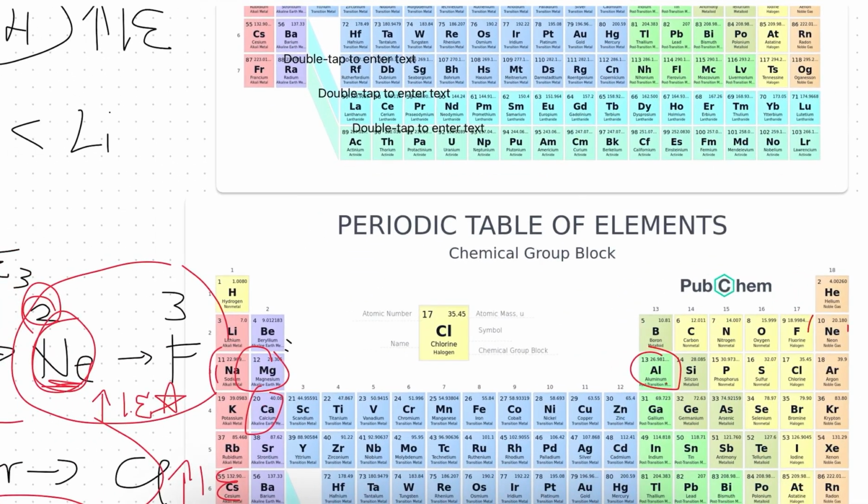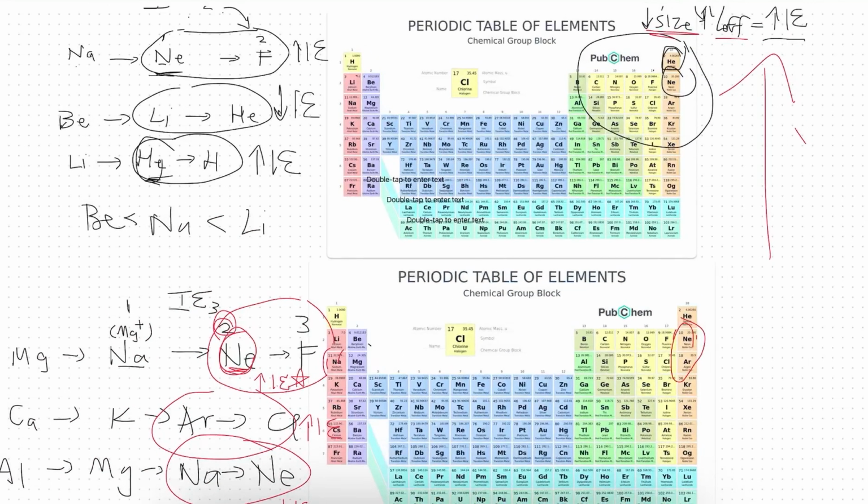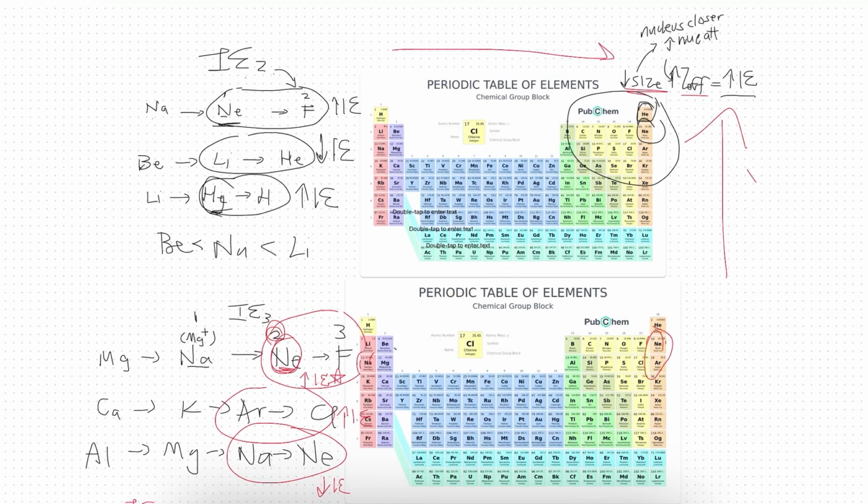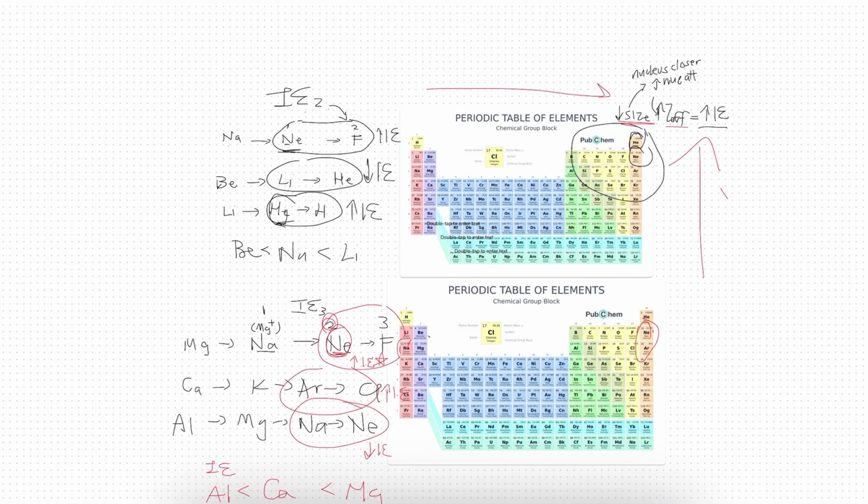But by the third ionization state, they are no longer the aluminum configuration, nor the magnesium, nor the calcium configuration, but they become the neon and the argon configuration. So that is what you base your ionization energy off of. So in the end, it still follows a trend, but you have to look at which configuration they adopt, and that is the element you use to refer based off the trend.